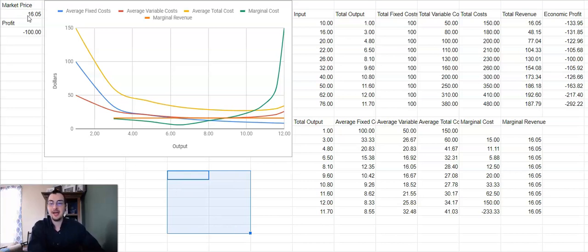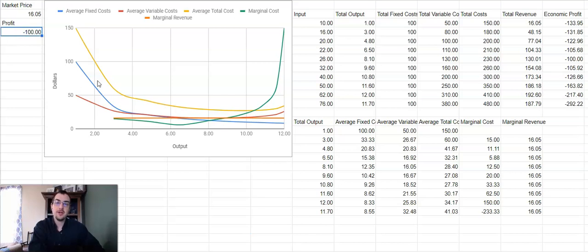So at the market price, we see right here that this average revenue curve, this orange curve, is equal to the average variable cost and the marginal cost curve. All three of those intersect, and this is going to be our shutdown point right here.